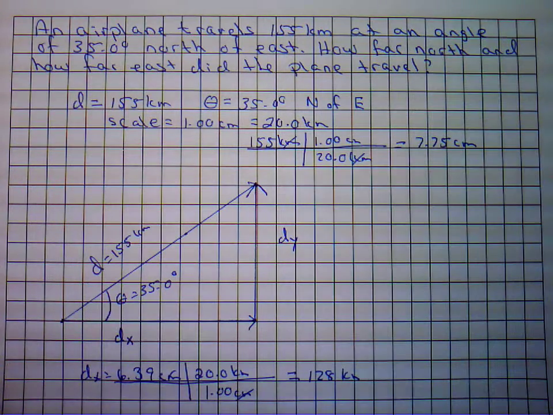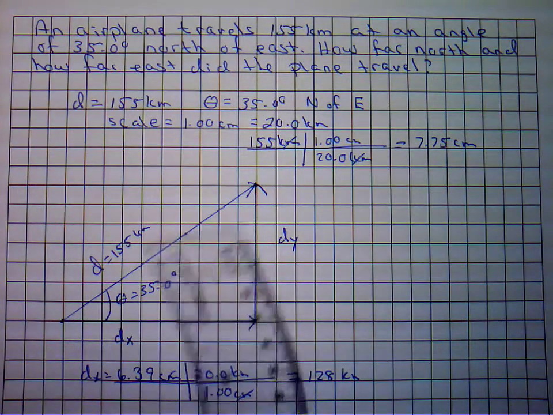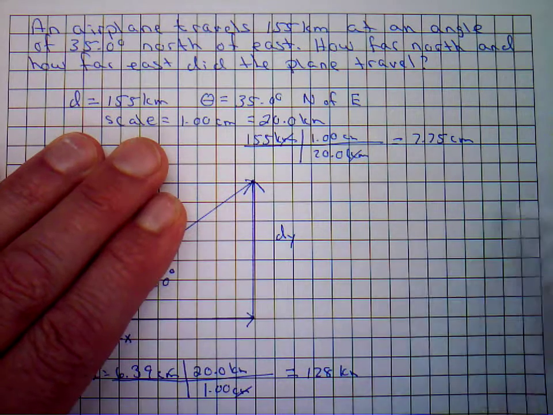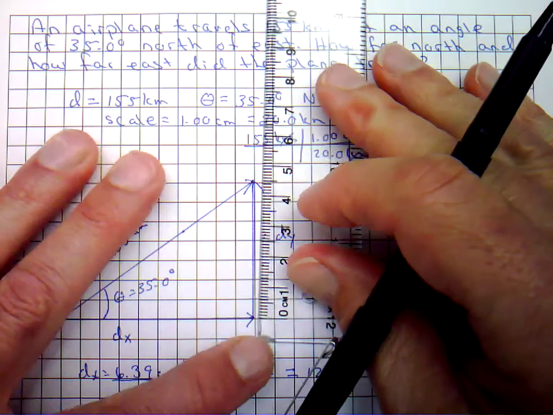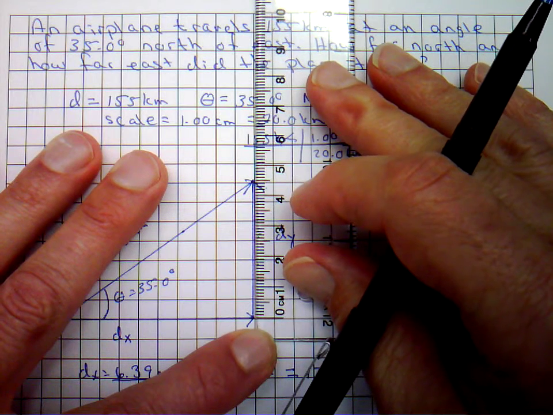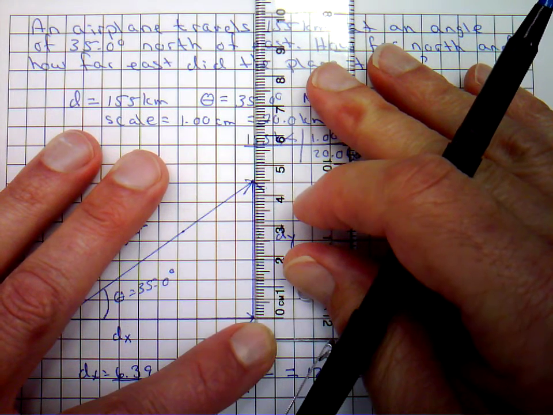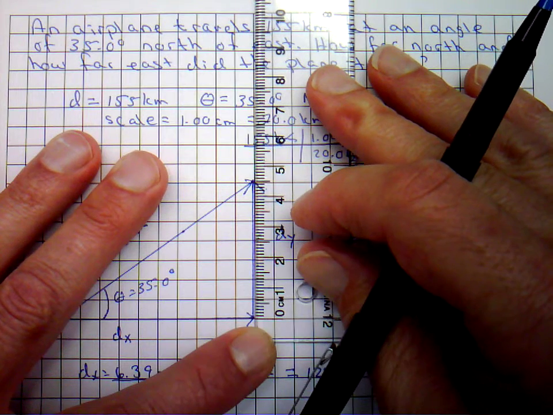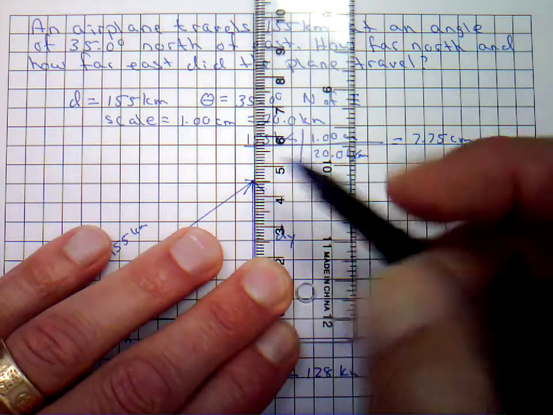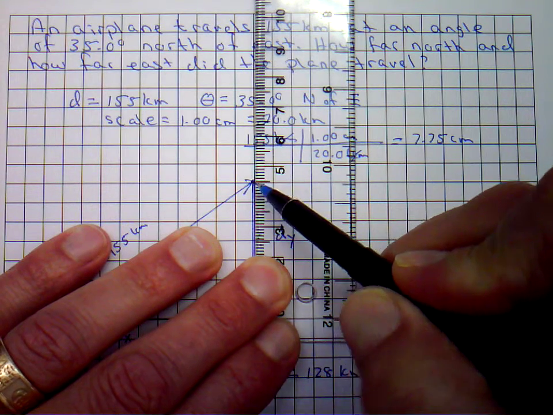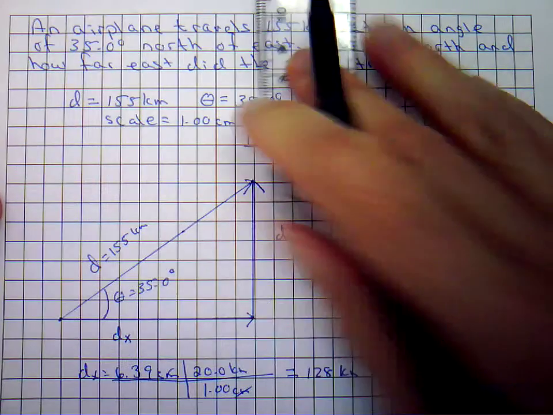We then need to do the same thing with the y component. We're going to measure the length of this y component this way. Zero mark on the tail, go tail to tip. If we measure to 2 places past the decimal, this is 4.5. It's just a tad bit past 4.5, so I'm going to call that 4.52.